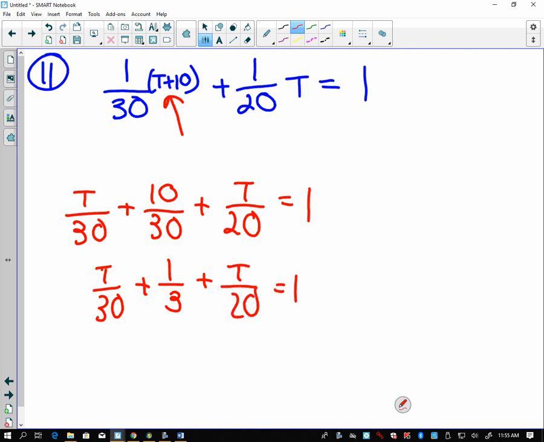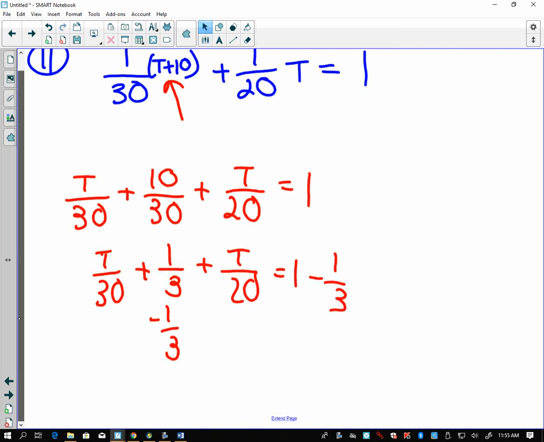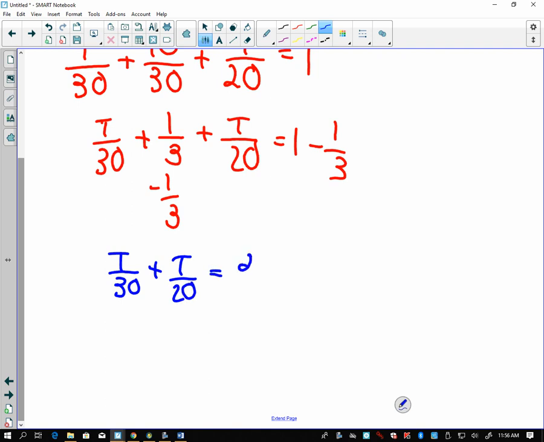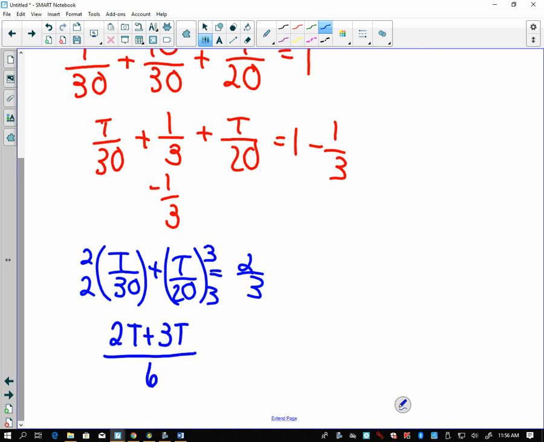So we could subtract 1/3 from both sides. Okay, so I've got t over 30 plus t over 20 equals 2/3, right? That's pretty easy enough to do in your head. 1 minus 1/3 is 2/3 left. All right, here we do still need a common denominator. So I'm going to multiply this by 2 over 2, 3 over 3. And that should give me 2t plus 3t over 60 equals 2/3.